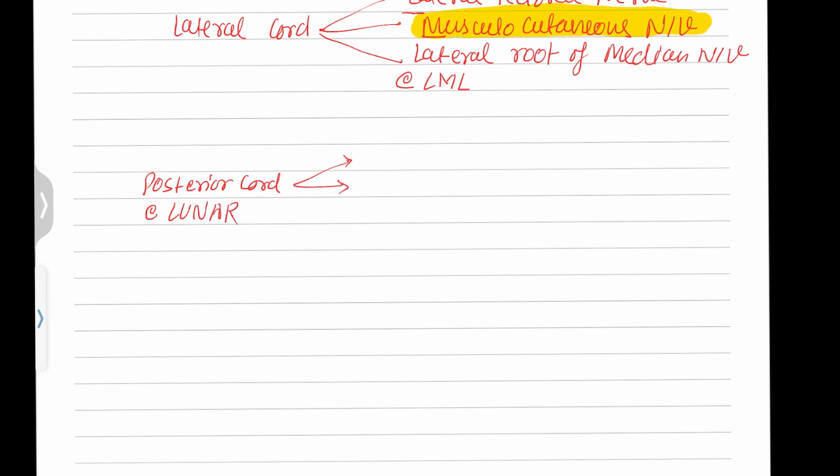There are actually, as I have already told you, 5 branches. I would like to first write the lunar. Don't remember it as ulnar because the ulnar nerve is in the medial cord. So L for the lower, or you can say inferior subscapular nerve.